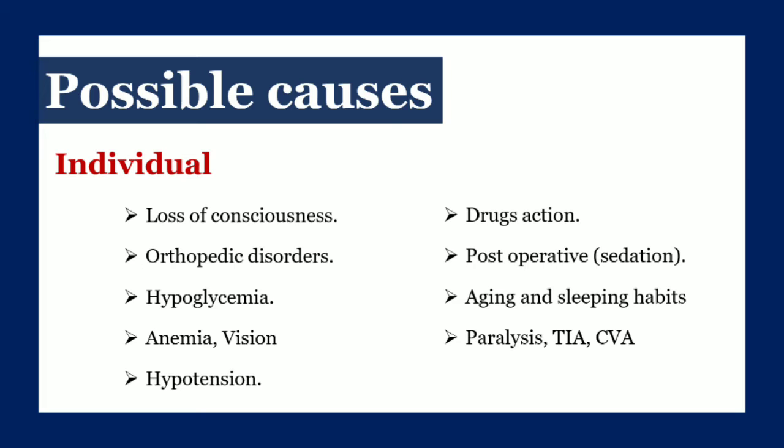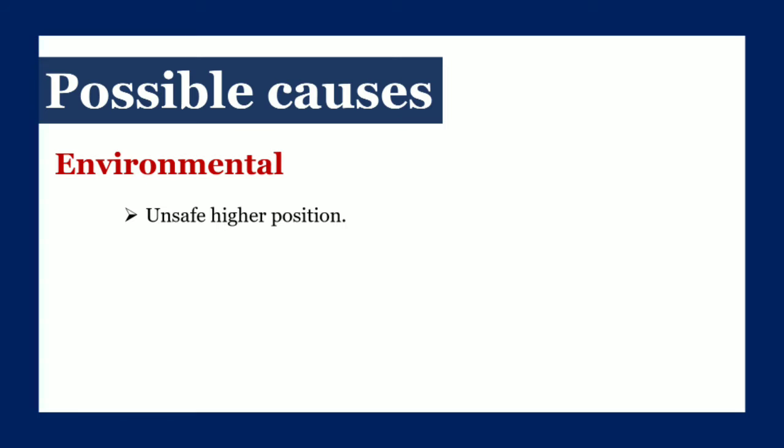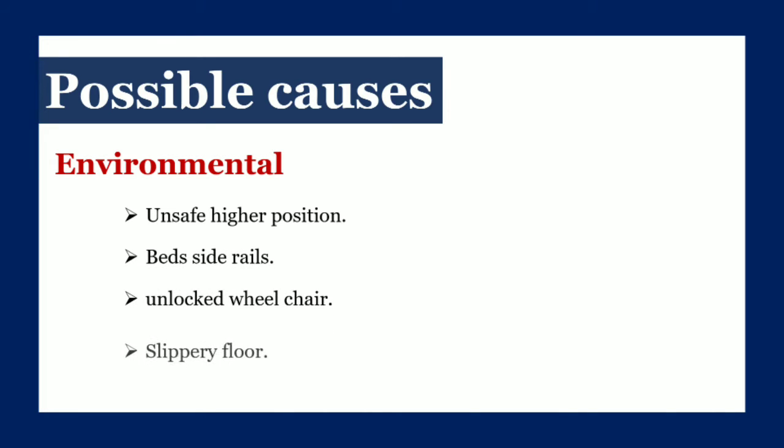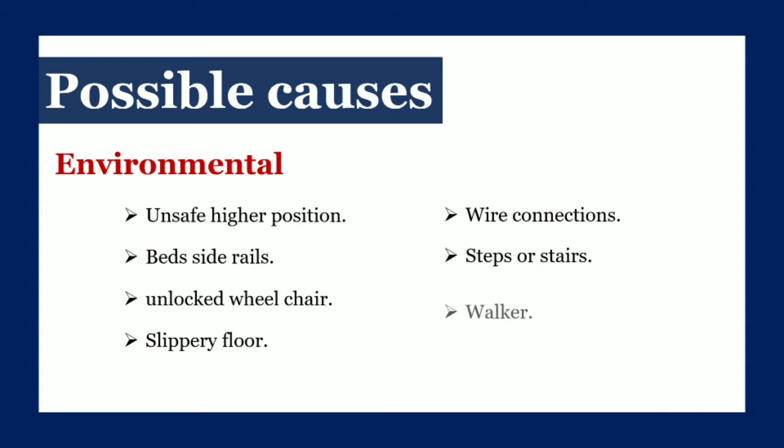So these are the possible causes of fall of an individual. The possible causes of fall in an environment are unsafe higher position, bedside rails, unlocked wheelchair, slippery floor, wire connections, steps or stairs, walker, and interfering clothes. So these are the environmental possible causes for fall.